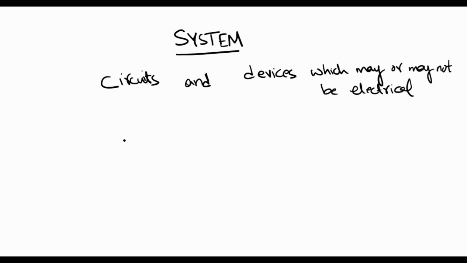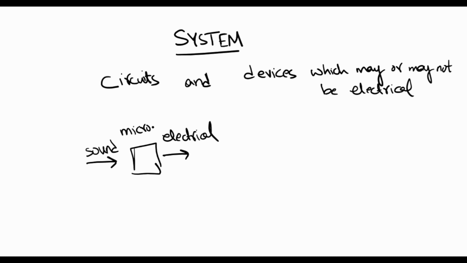So for instance, giving a speech, for example: my sound voice, the microphone converts my sound into an electrical signal. So this, let's say, is a microphone. And then the loudspeaker system has an amplifier.